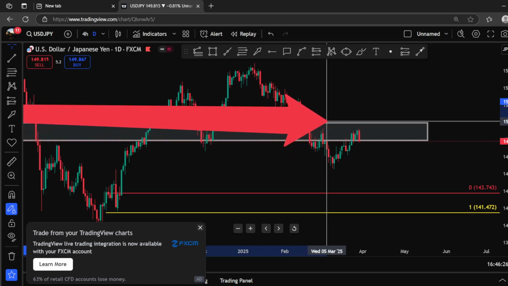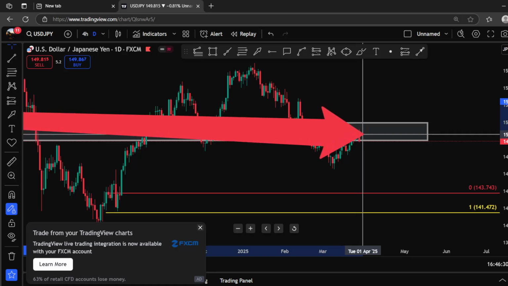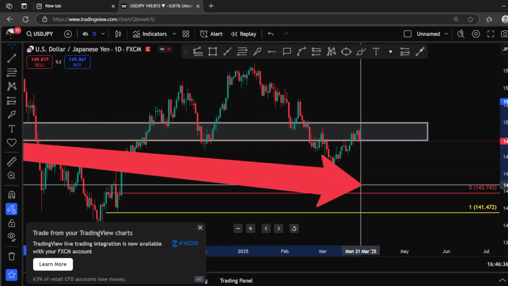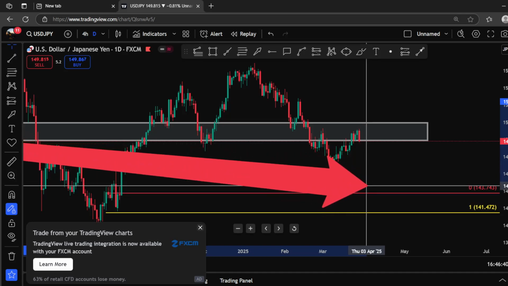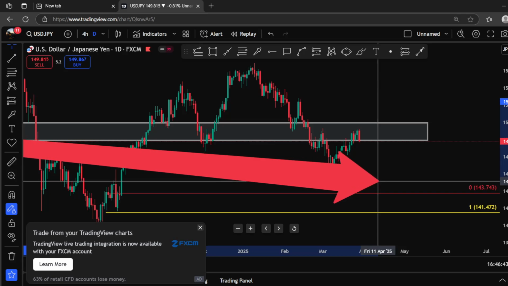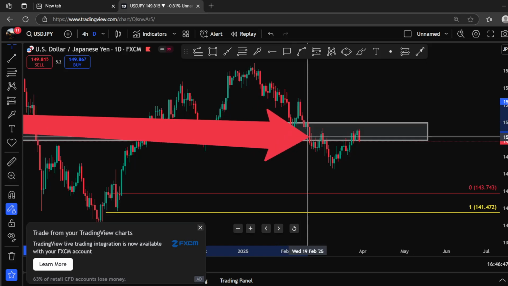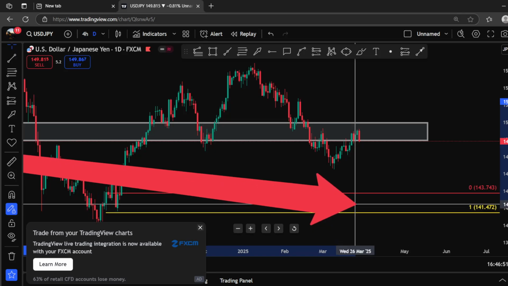What I'm expecting is this level to act as a pullback to get the market down to this demand zone for us to take a long. If you long this trade, your target should be that high there, and your stop should be below the demand zone in case it fails.